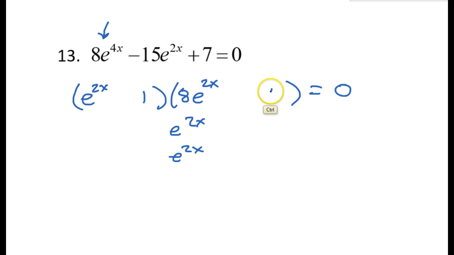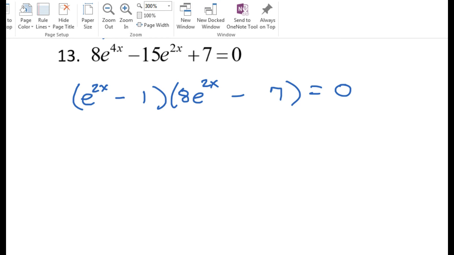So I'll put the 1 here and the 7 here. Inner plus outer must equal middle. Inner, I have 8e to the 2x power. Outer, I've got 7e to the 2x power. This does make 15. I need a negative 15 though, so that means both of these would have to be negative. And negative 1 times negative 7 does give me positive 7. So, kabam, we got it. Okay, so we factored it.